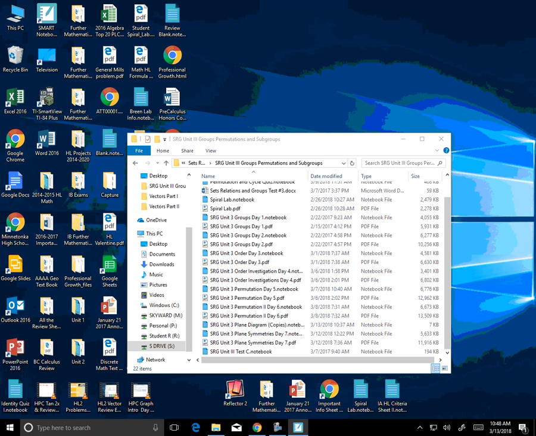Again, these are symmetry lines, not rotation lines. We've got our 4 rotations, but what's another cycle? 1, 3. What's another one? 1, 4, 2, 3. Brilliant. And what's the last one? 1, 2, and then you could go 3, 4.